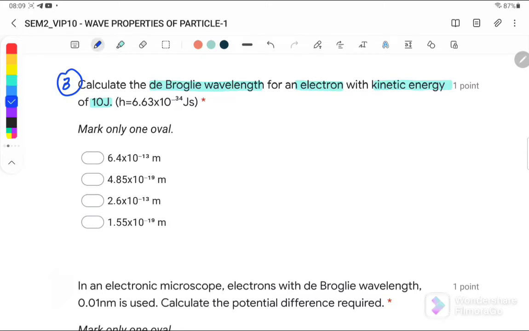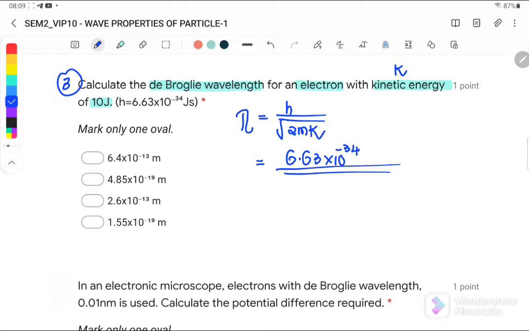Since the question gives us the kinetic energy, we can use the fourth equation, where the de Broglie wavelength is equal to h over the square root of 2mK. h is 6.63 exponent negative 34 over the square root of 2m, where m for an electron is 9.11 exponent negative 31, and K is the kinetic energy, equal to 10 joule.